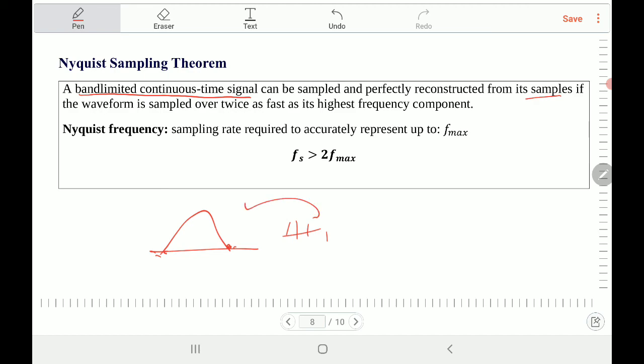If what? If it's sampled over twice as fast as its highest frequency component. So you look for the signal that you want to sample, and first you do the Fourier and check the components. You'll find it has many components.